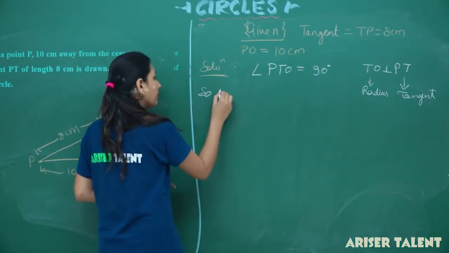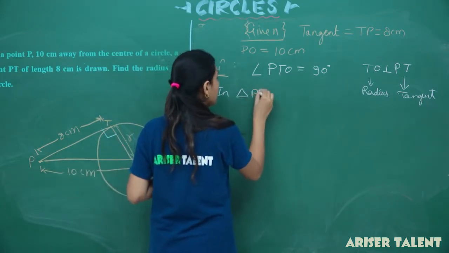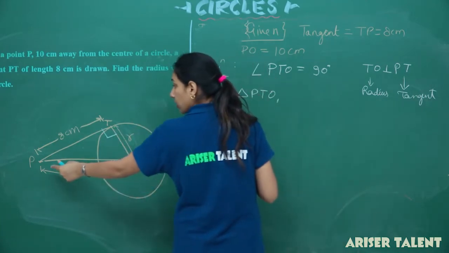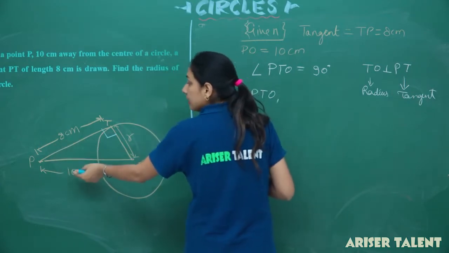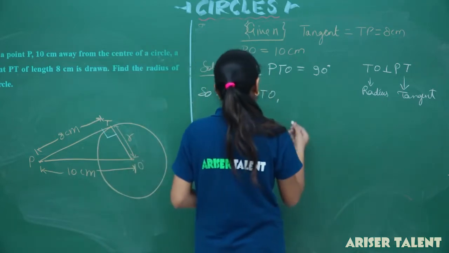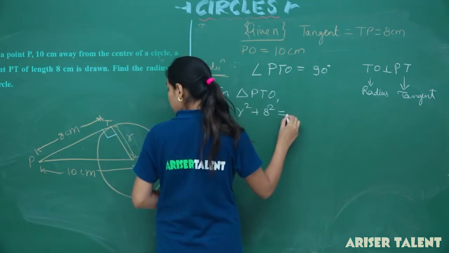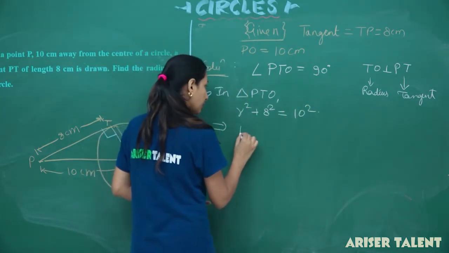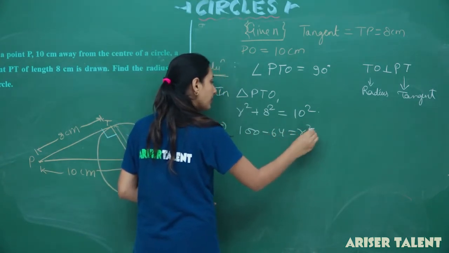So, in triangle PTO, what you will see is that this is a 90 degree triangle. So, this hypotenuse square will be equal to the square of this side plus the square of this side. So, I can write R square plus 8 square will be equal to 10 square. What will it give me? 100 minus 64 equals R square.